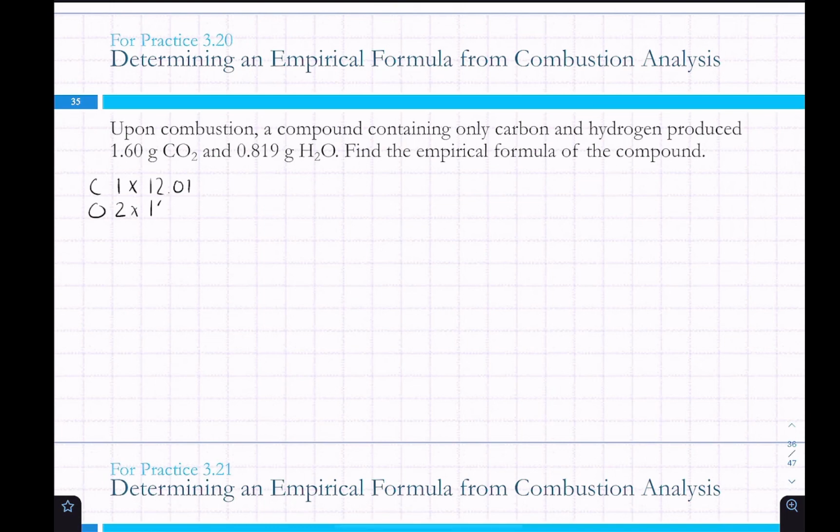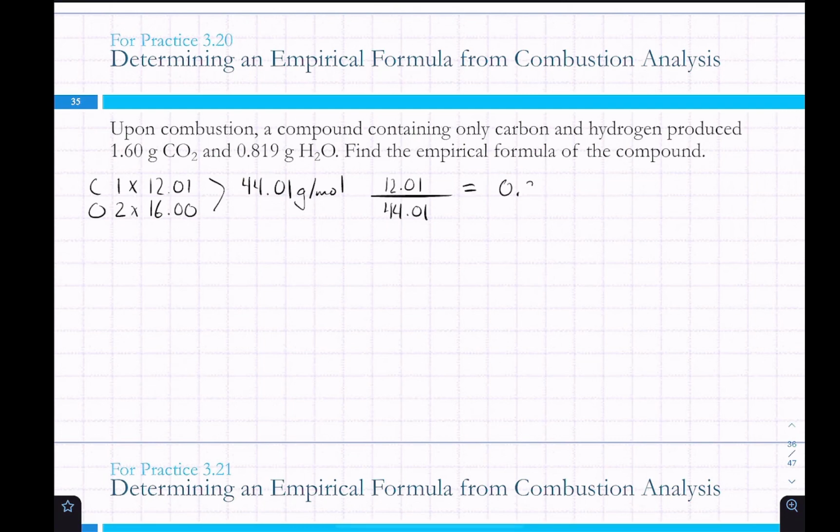12.01, 16.00, and that's 44.01 grams per mole. And then the percent mass carbon will be the mass of carbon that we would have in 1 mole divided by the mass of 1 mole of carbon dioxide.